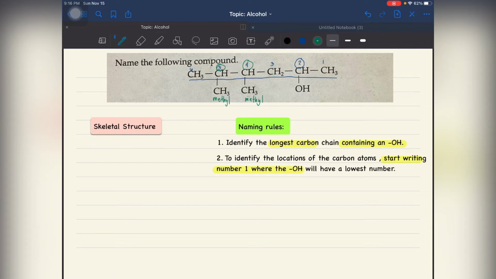So now, kapag magsusulat na tayo, lalagay natin yung locations ng ating alkyl group. The locations of our alkyl group is in number 4 and in number 5. So we will write it like this. So we have 4, 5.